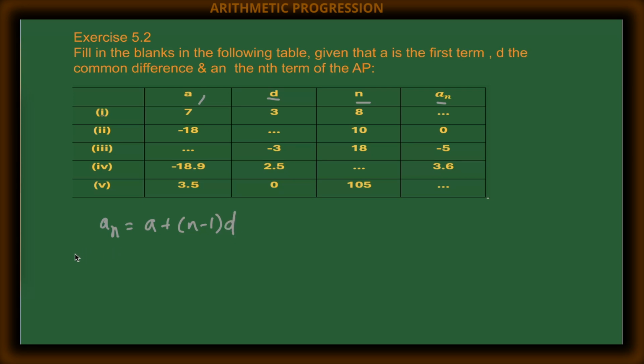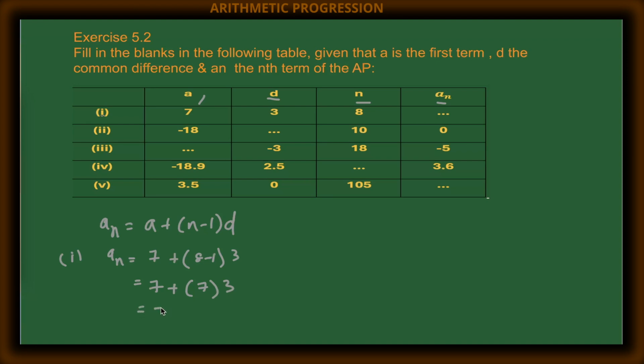Okay, so with this let's try to solve the first one. What is an here? An is the one which we need to find. An is equal to, what is a? a is 7 plus n is given. Yes, n is 8 minus 1. What is d here? d is 3. Okay, so 7 plus 8 minus 1 is 7 into 3.